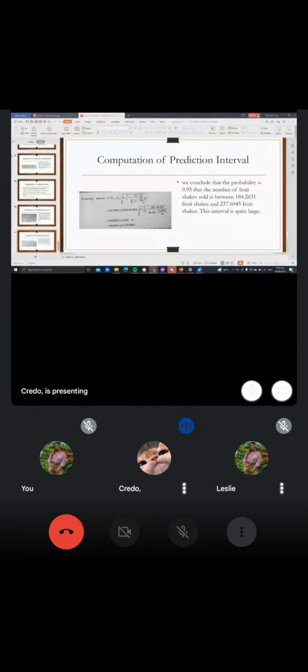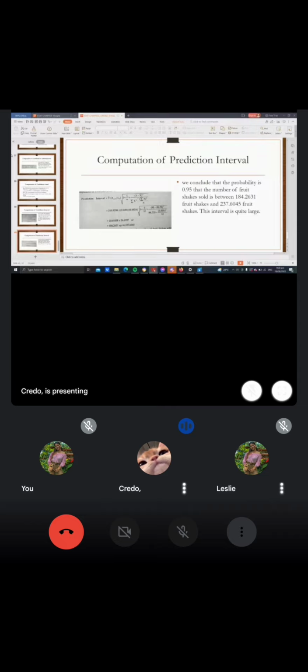Next will be the computation of the prediction interval. In this slide, as you can see, the prediction interval is already calculated. This is how the prediction interval is calculated. In the end, the prediction interval will equal 184.2631 up to 237.6045.